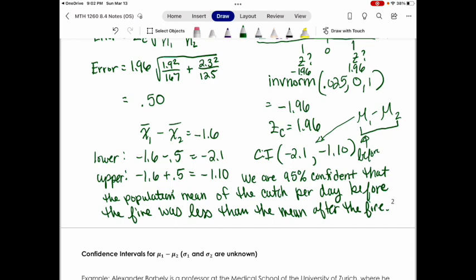So since this was before and this was after, then we know the mean before is less than the mean after for this confidence interval. And remember, that means we're 95% confident.